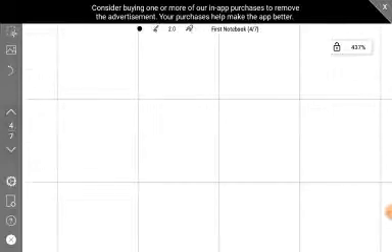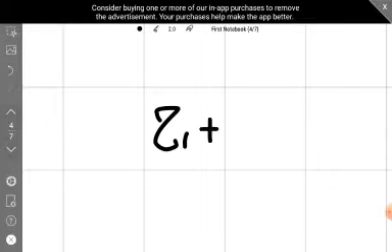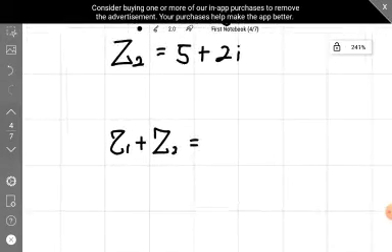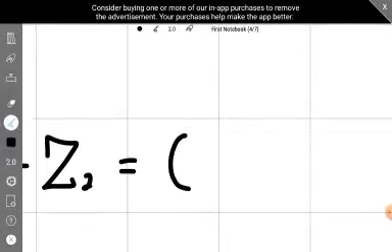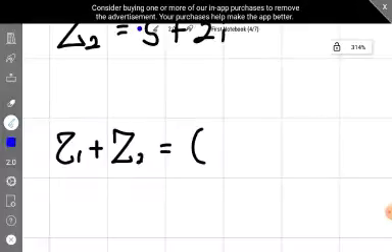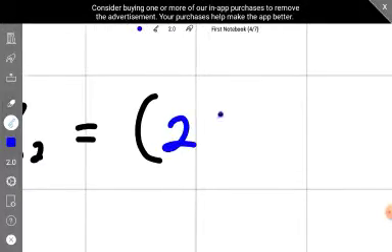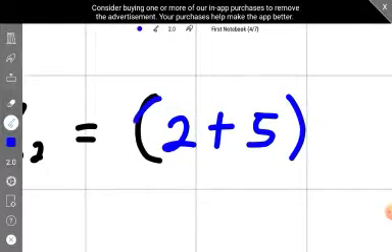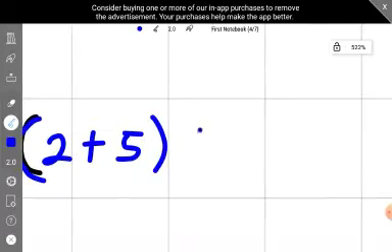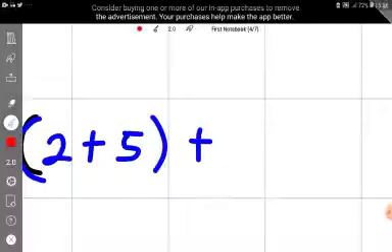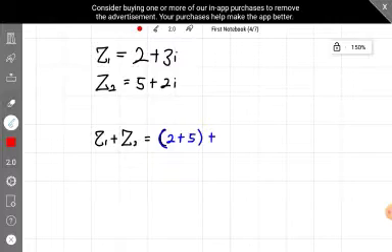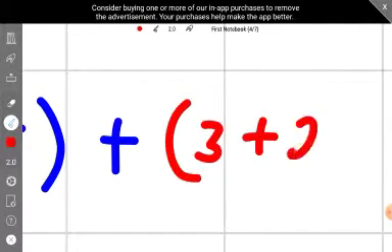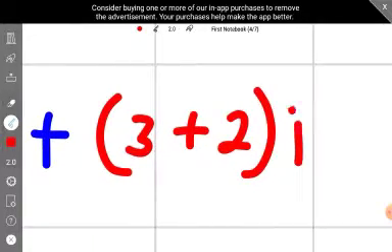So z1 plus z2 will now be equal to the real part first, we have 2 plus 5, then plus the imaginary part, we have 3 plus 2, with an i outside.